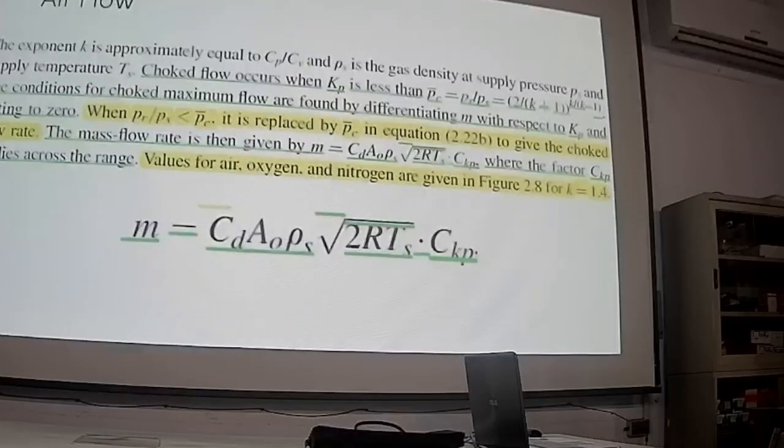So this is another formula for the estimation of the mass flow rate for air, oxygen, nitrogen. Using this formula. I mean, with the bearing. So this is the m-dot, the m-dot with the restrictor.